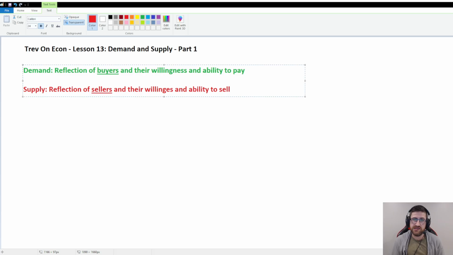Again, just like the buyers, it is a combination not just of a want to sell, but also an ability to sell, meaning they have to be able to make that amount of thing, or they have to be able to meet some sort of demand or quota or whatever their responsibility is. So for the sellers, they might have a willingness to sell, but they must also have the ability.